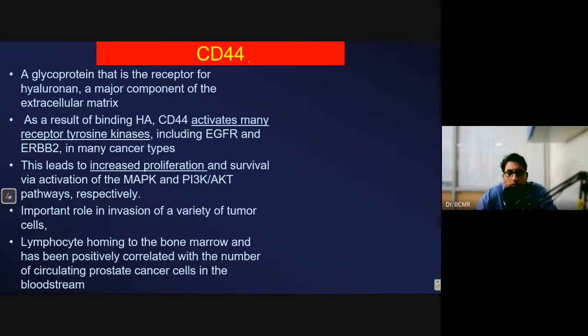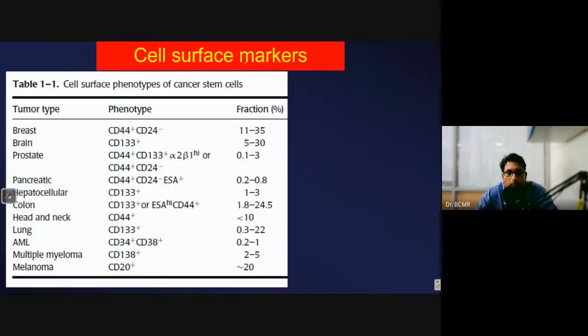Similarly, CD44 is a receptor for hyaluronan, an extracellular component, and it is involved in cell signaling and so on. CD44 is also found in the majority of cancer stem cells isolated from different types of tumors.